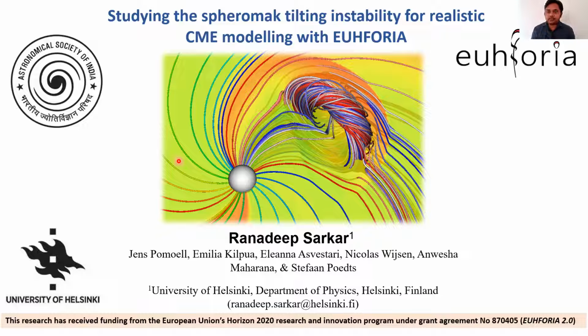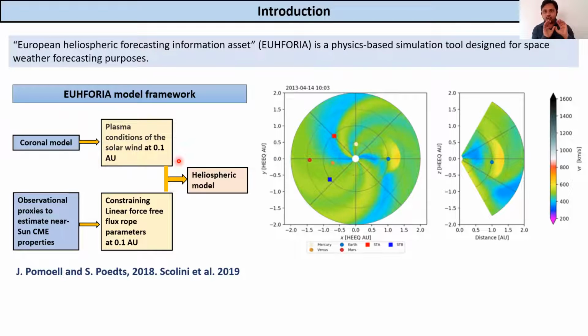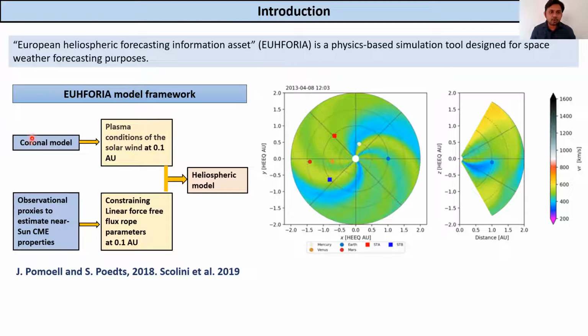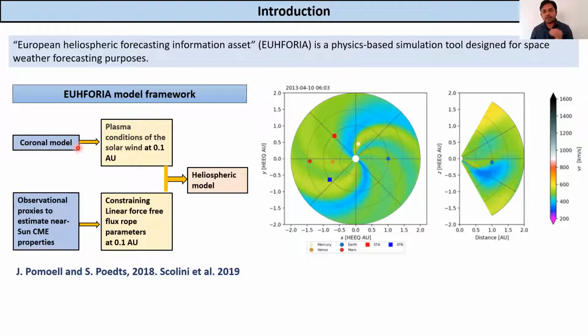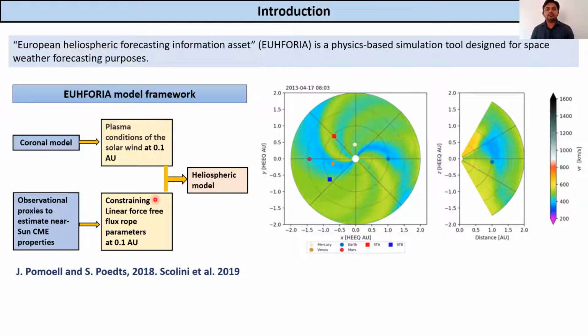So to begin with, I'll give you a brief introduction to EUHFORIA. It is a physics-based simulation tool designed for space weather forecasting purposes. There are two domains. First, the domain up to 0.1 AU, based upon an empirical coronal model that provides all the plasma conditions at 0.1 AU, which is the lower boundary for the heliospheric model, and also to study the evolution of a CME flux rope.